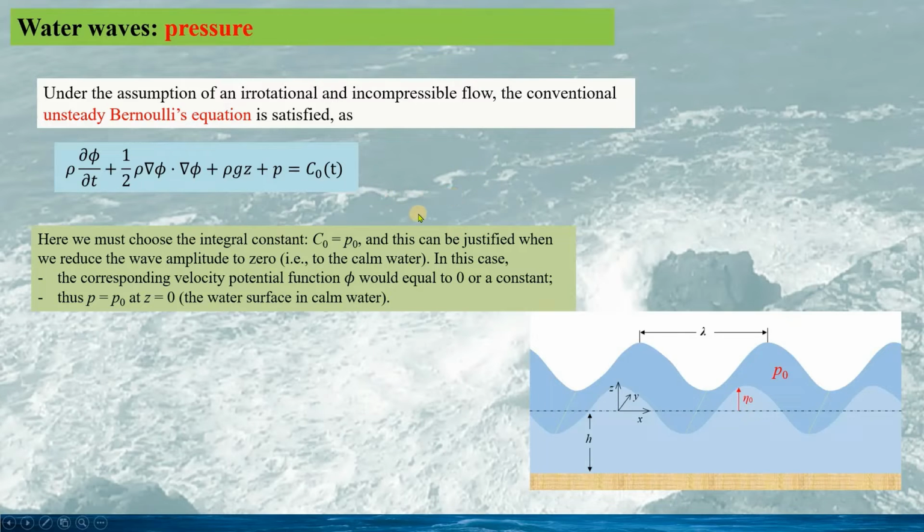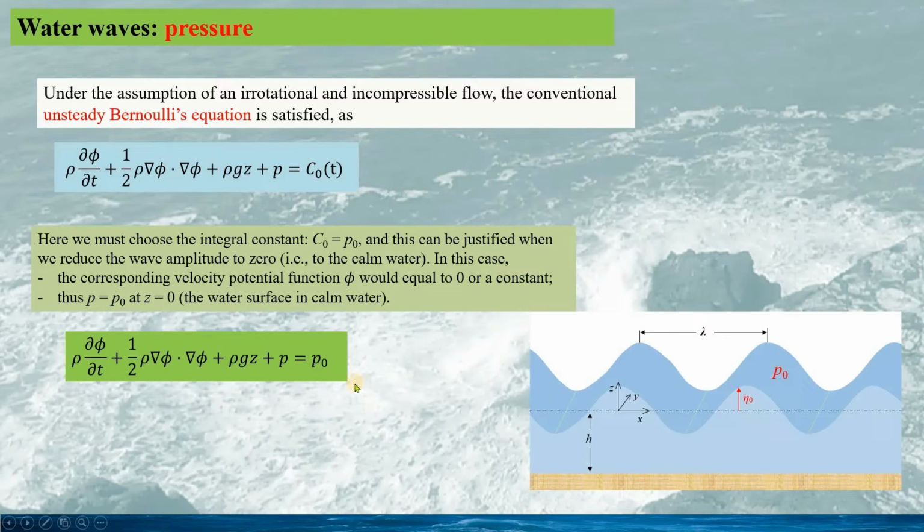Here, we choose C0 equals P0, the atmospheric pressure, and this can be justified when we reduce the wave amplitude to 0 to the calm water. And in this case, we can see the corresponding velocity potential function phi would be 0 or a constant. And at z equaling to 0, the pressure is the same as the atmospheric pressure P0. So we have the Bernoulli's equation for the problem of water wave.